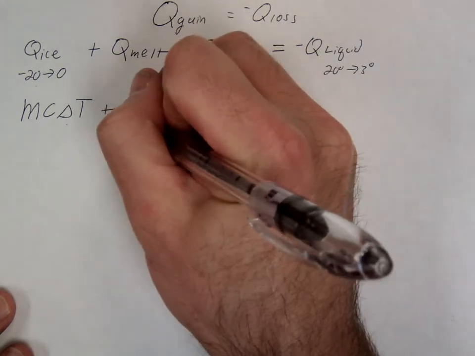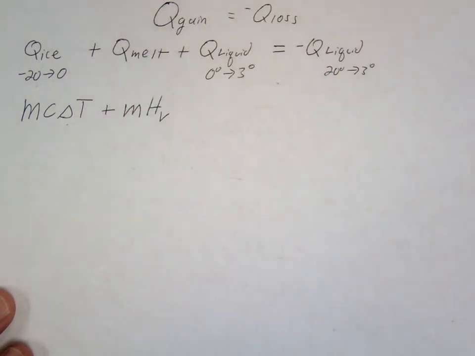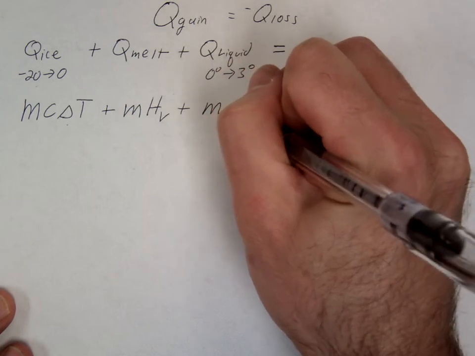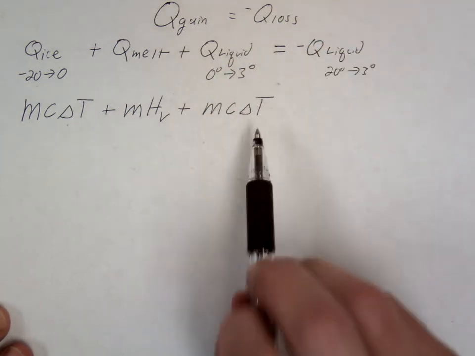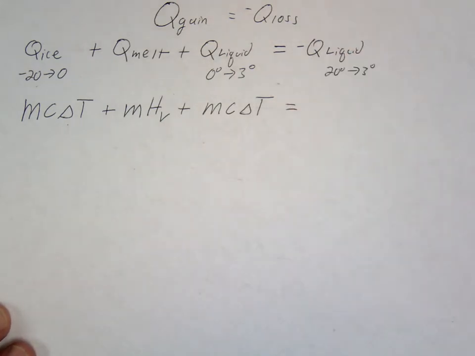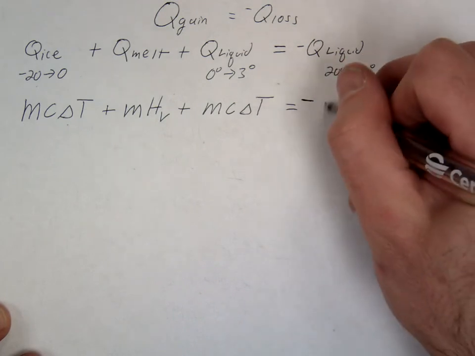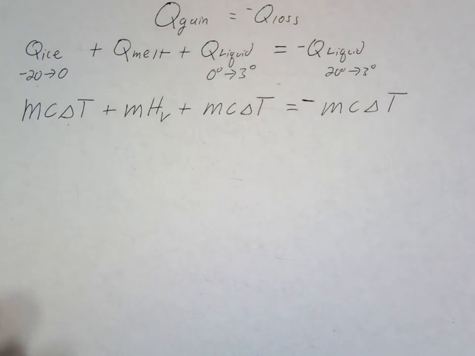Whenever you change phase, you use the MH equation. Okay, then when we go from 0 to 3, we're going to change temperature, we'll use the delta T. On this side, we'll go negative again, and it's just changing temperature, so we use MC delta T.